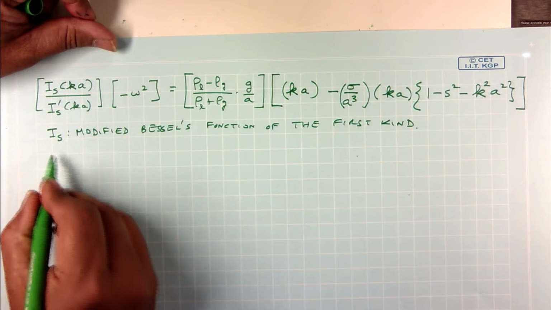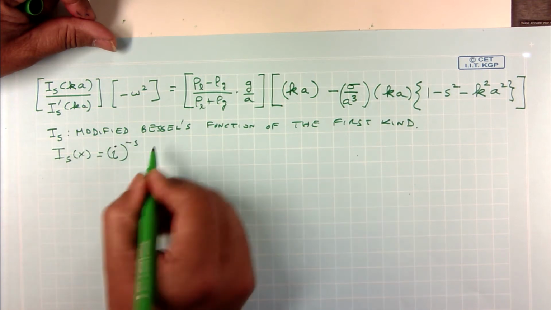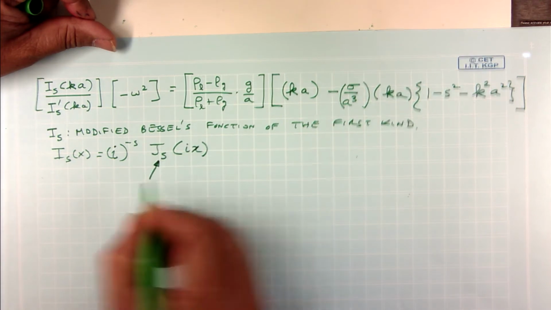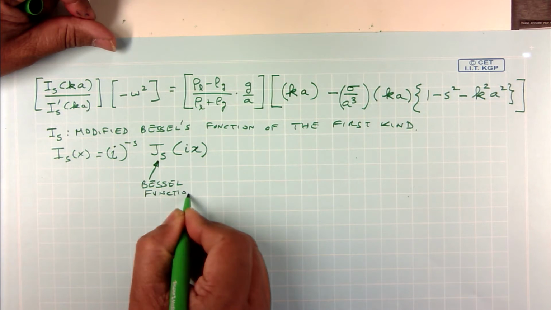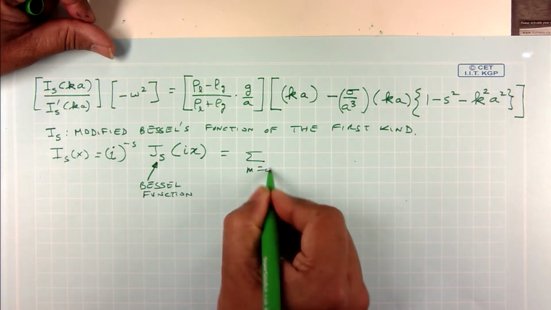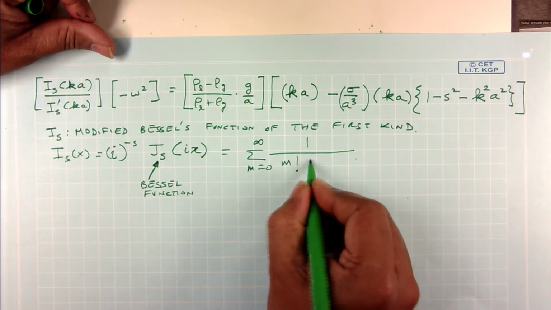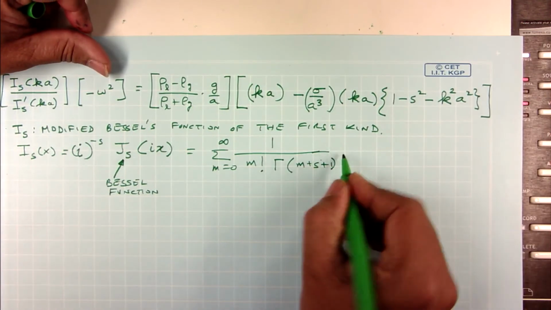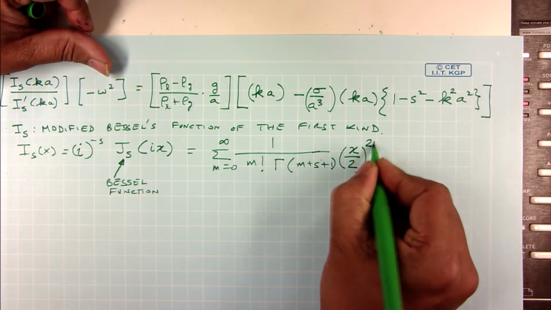Okay, so, our definition of IS of x is equal to I to the power of minus s Js of Ix, where Js is your regular Bessel's function, not the modified Bessel's function, and that is given as the sum from m equal to 0 to infinity of 1 divided by m factorial, gamma function of m plus s plus 1, and then x divided by 2 to the power of 2m plus s.